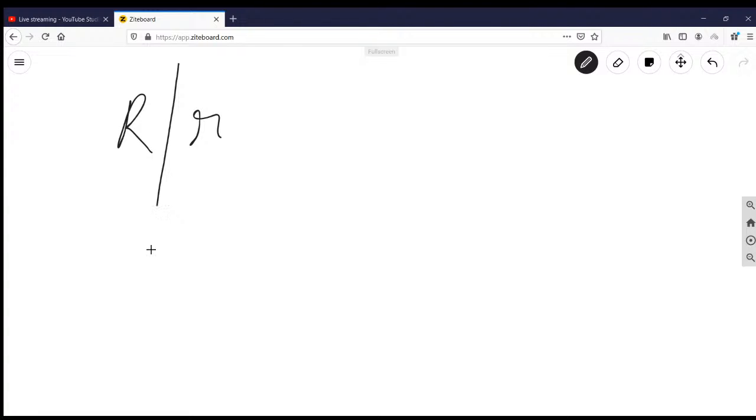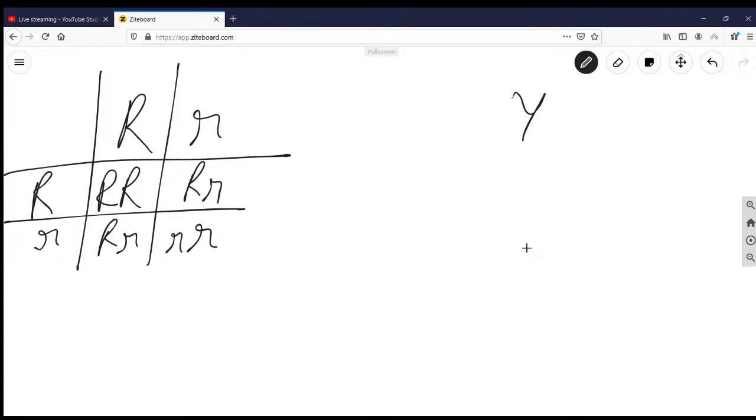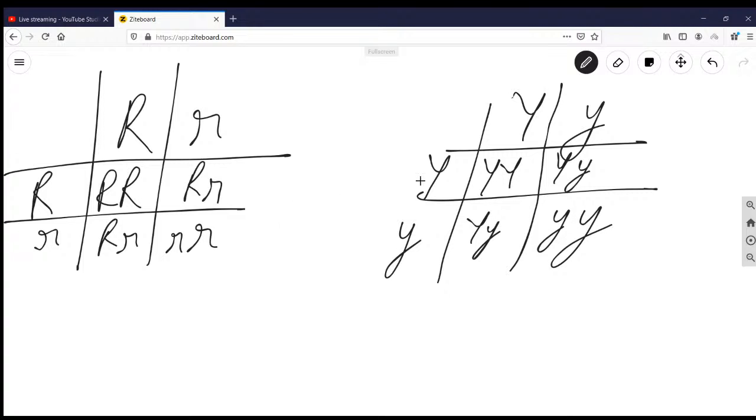Like this one you have. You have two monohybrid crosses. So for round and yellow, I showed you the thing. Sorry, for wrinkled and green.